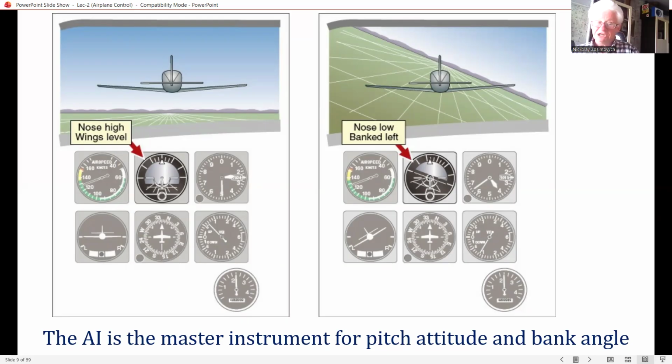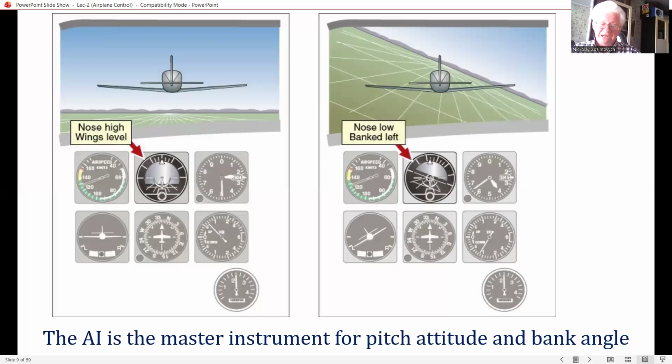In instrument conditions, when the natural horizon cannot be seen, pitch attitude and bank angle information is still available to the pilot in the cockpit from the attitude indicator. The pitch attitude changes against the natural horizon and is reproduced in miniature on the attitude indicator.